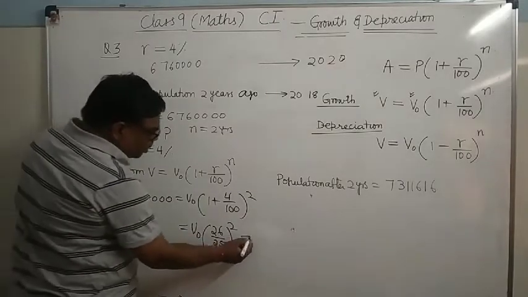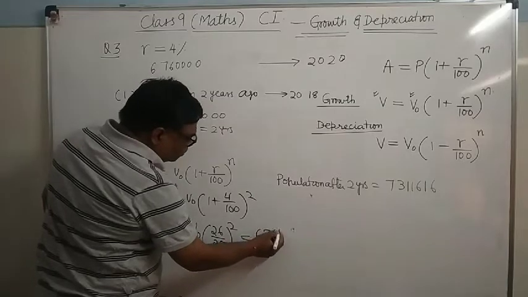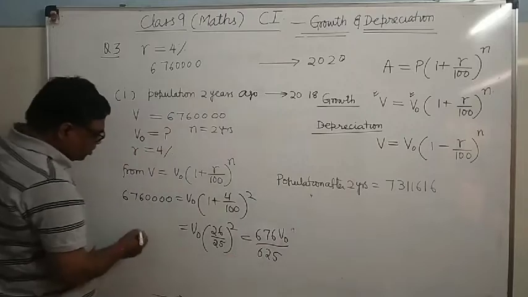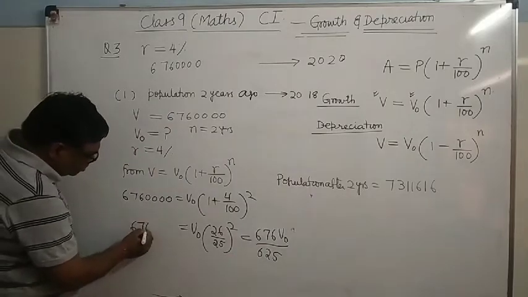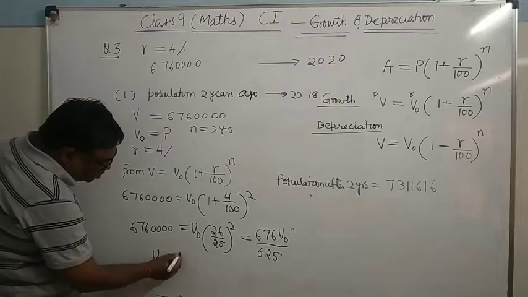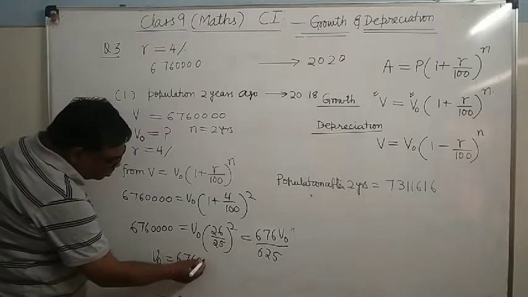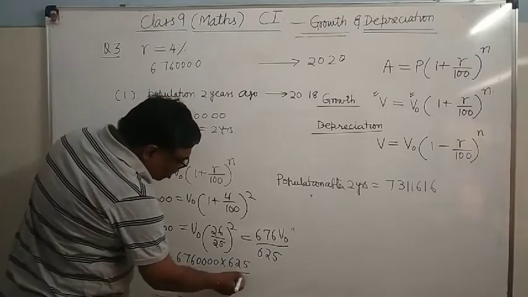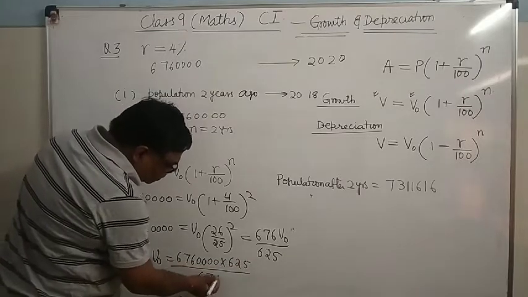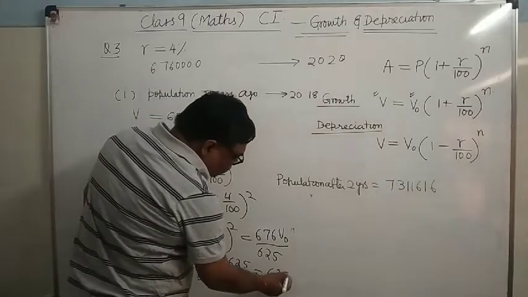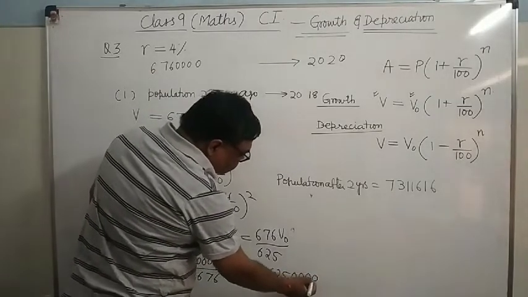So this will become equal to 676 V naught upon 625. So what is V naught? Into 625 upon 676.